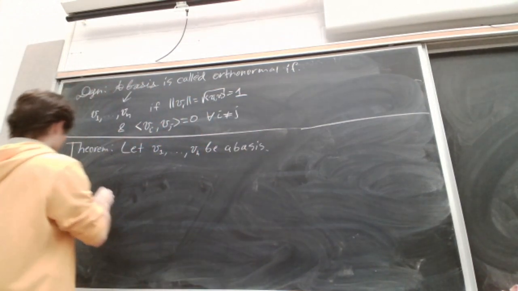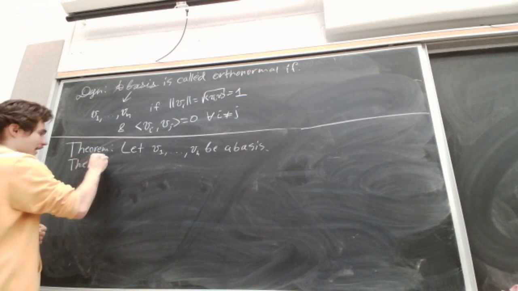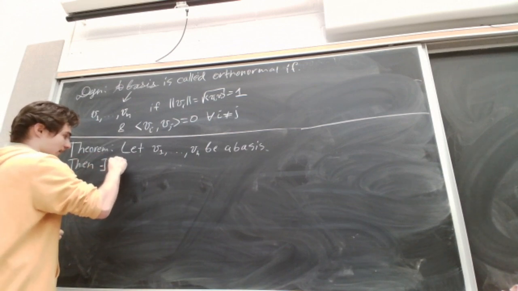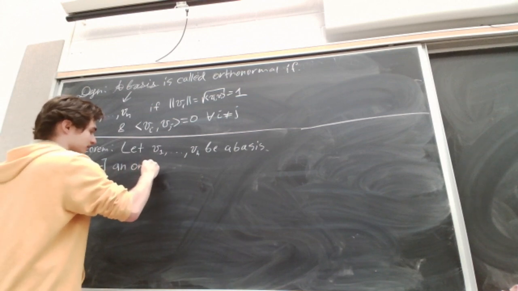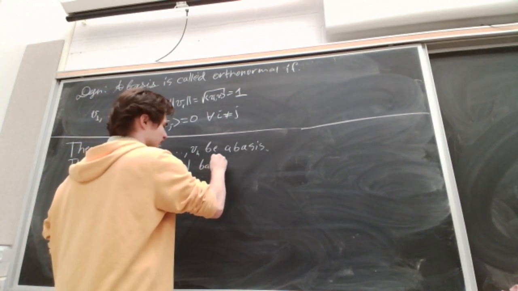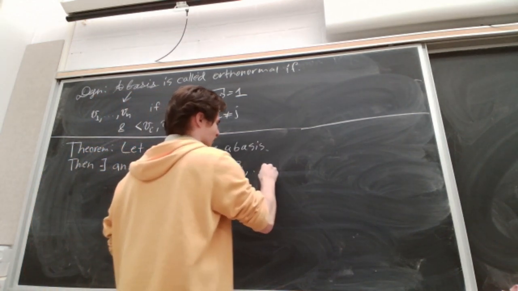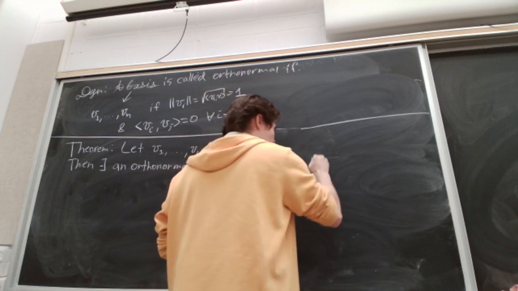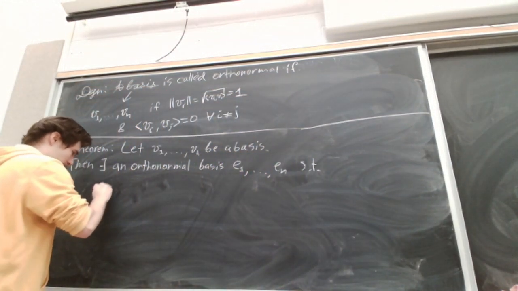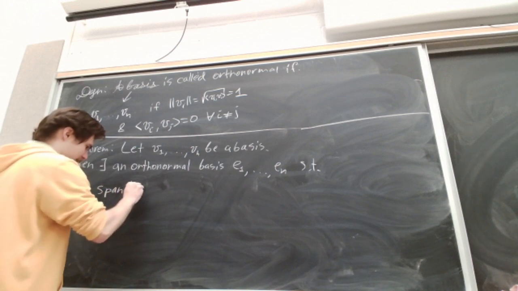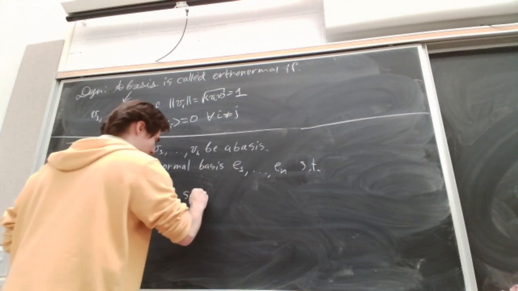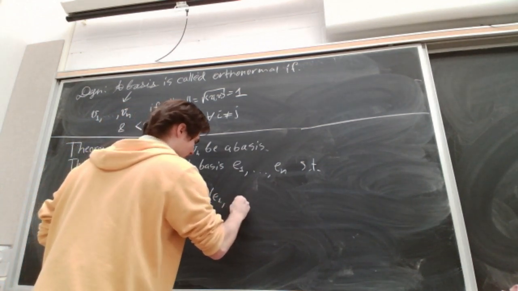The statement is, then there exists an orthonormal basis E1 up to En such that, and this is important, the span of V1 up to Vj is equal to the span of E1 up to Ej.